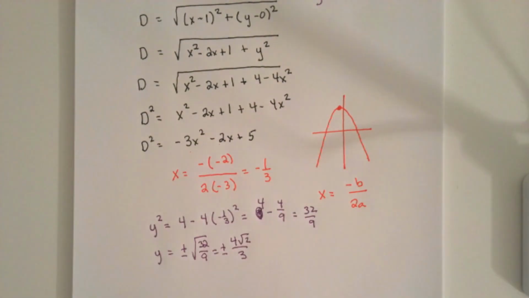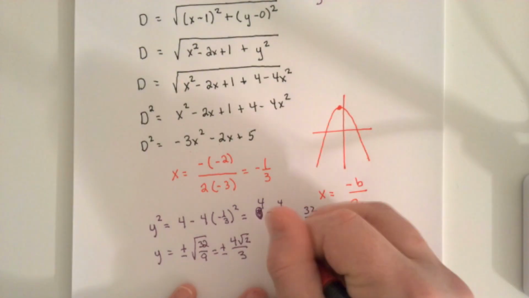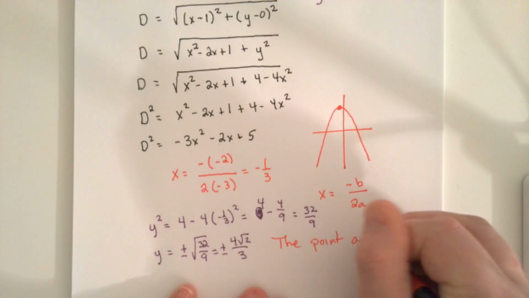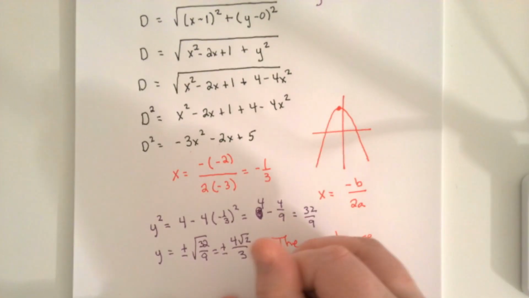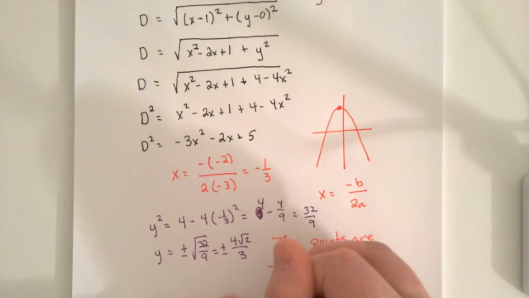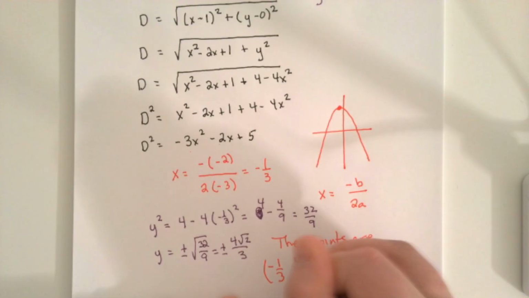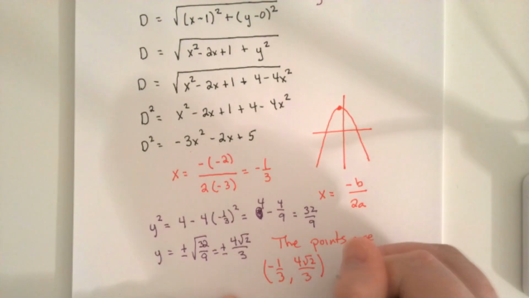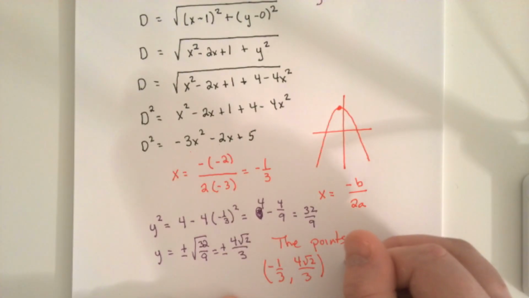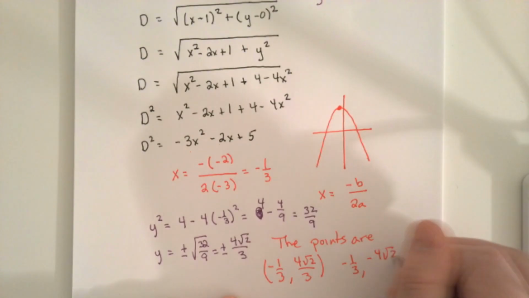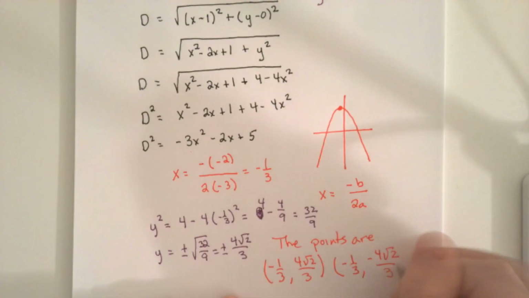And so the points that are furthest away are minus 1/3, 4 root 2 over 3, and minus 1/3, negative 4 root 2 over 3.